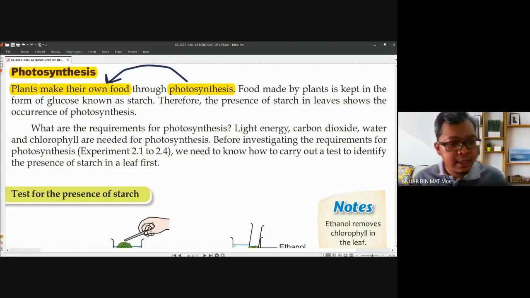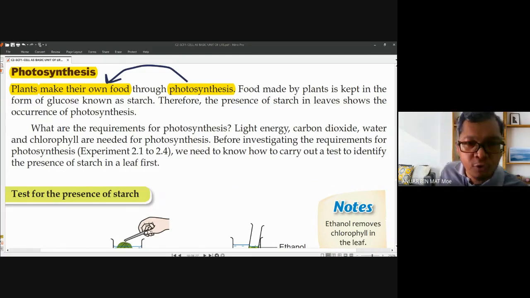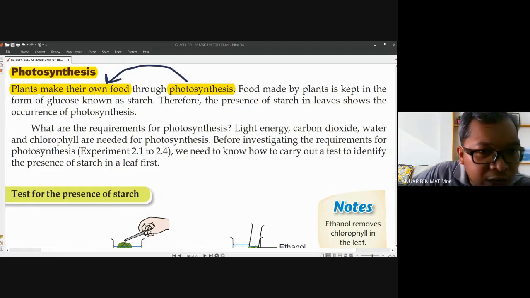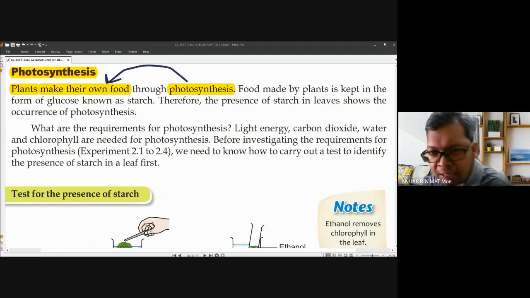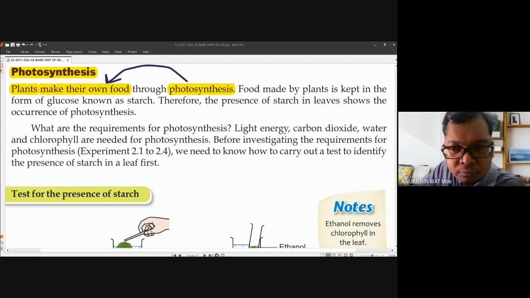How about humans? Can humans or animals make their own food? Human, people, cannot. Others? Can we create our own food? Cannot. Yes, we cannot create our own food.